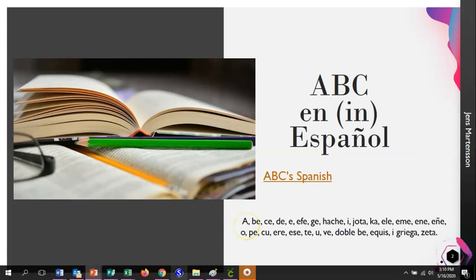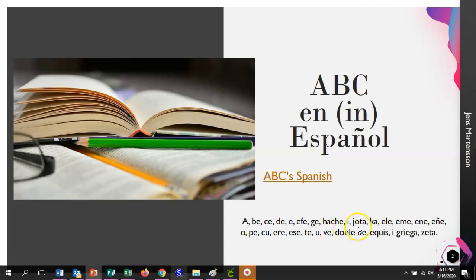So let me read off what the alphabet is in Spanish for you. Of course, it is written in the same way English is, ABC. In this case, it is written down here in the way that it is so that you can get a general idea of how it is pronounced. So with that being said, A, B, C, D, E, F, G, H. H is silent. The first H is silent.